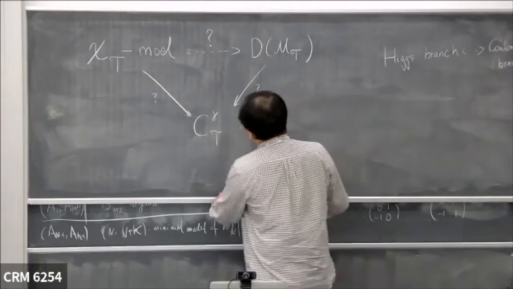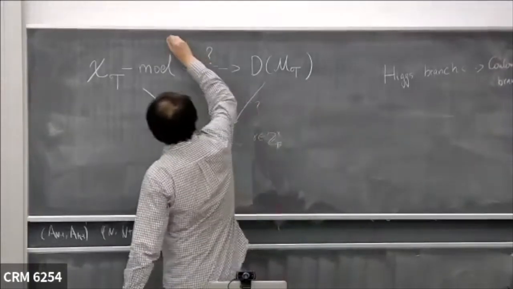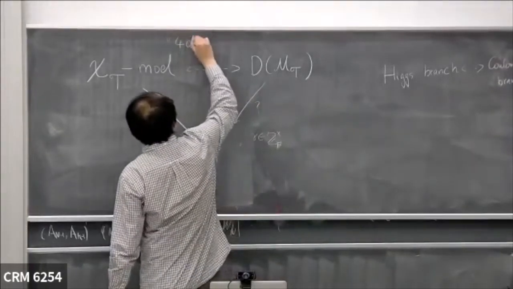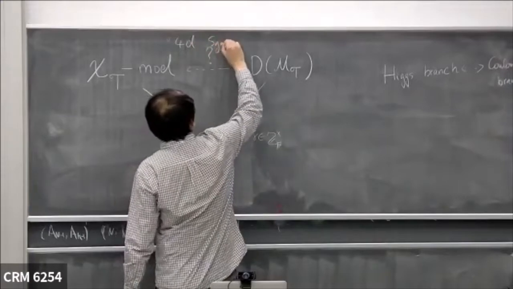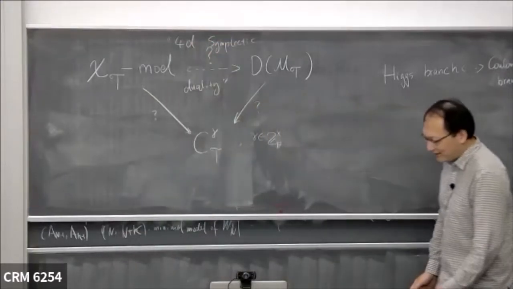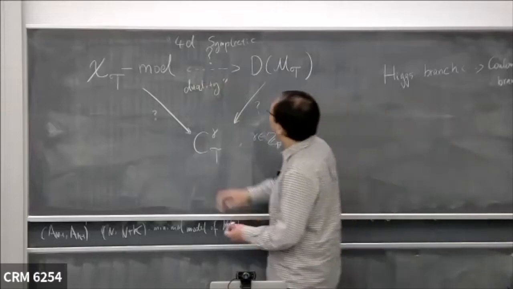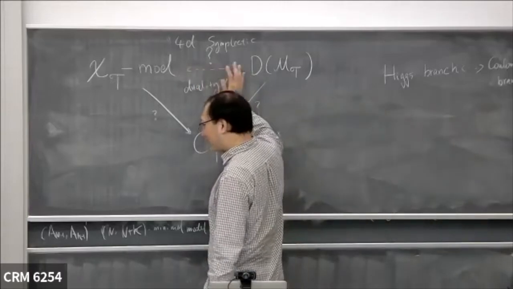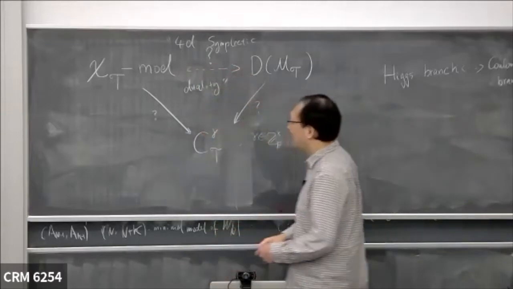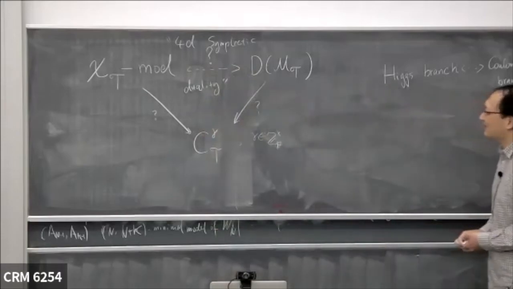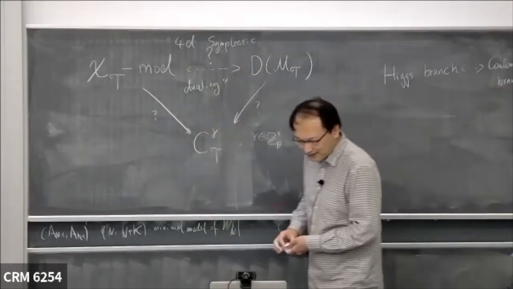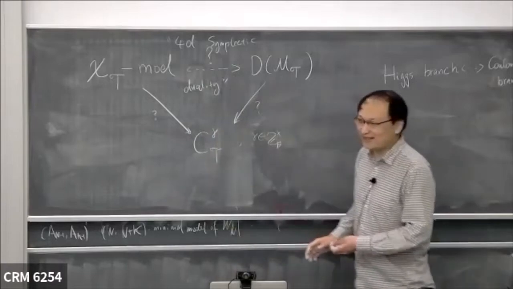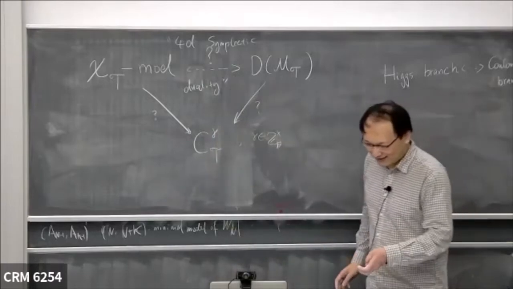So this is something that we sometimes refer to as the 4D symplectic duality. So it would be really nice if there's a way of correctly formulating this, and then the test will prove this in more generality.